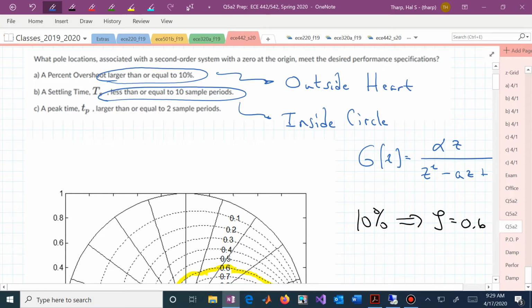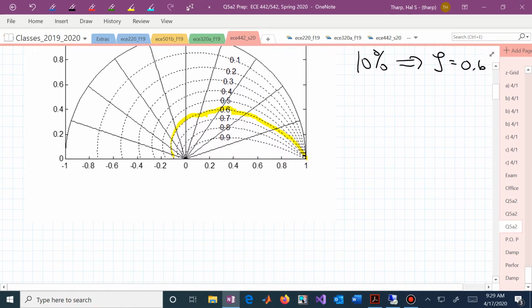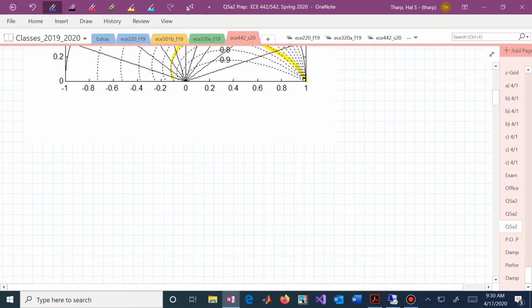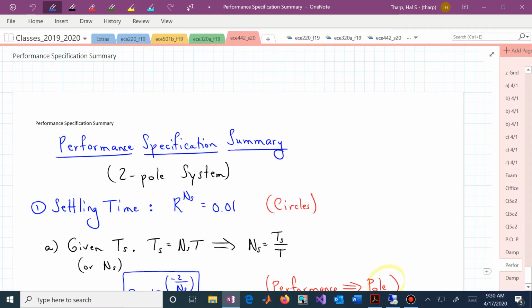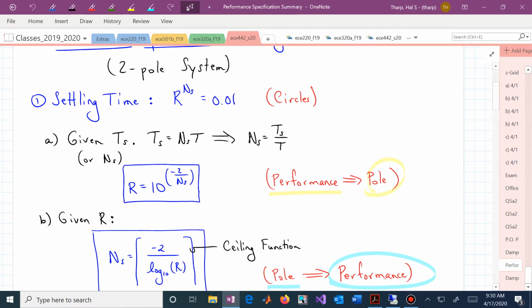And 10 samples, you could just have this on your sheet, inside circle, and we know the relationship between the radius and the number of samples. We're given a performance, we want the pole. So we were given the performance spec, N sub s, of 10. We can now calculate R based on that.